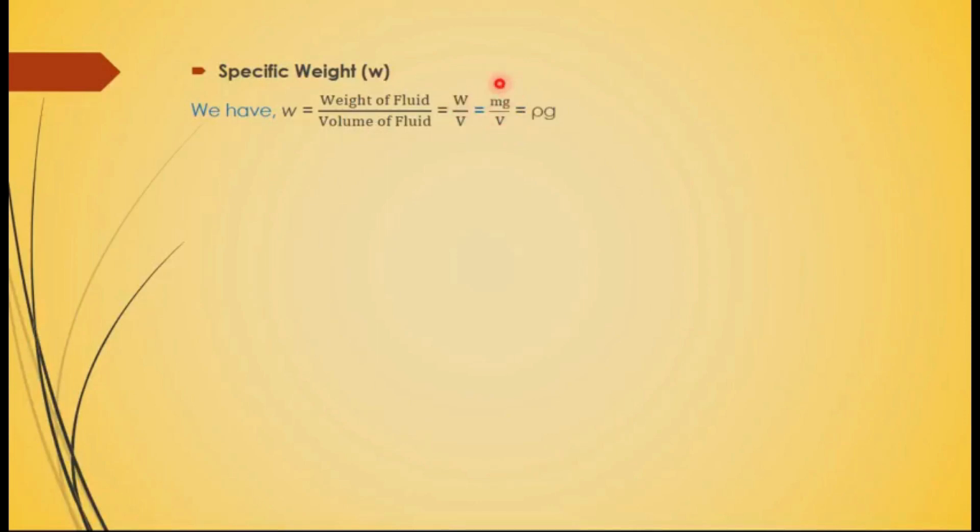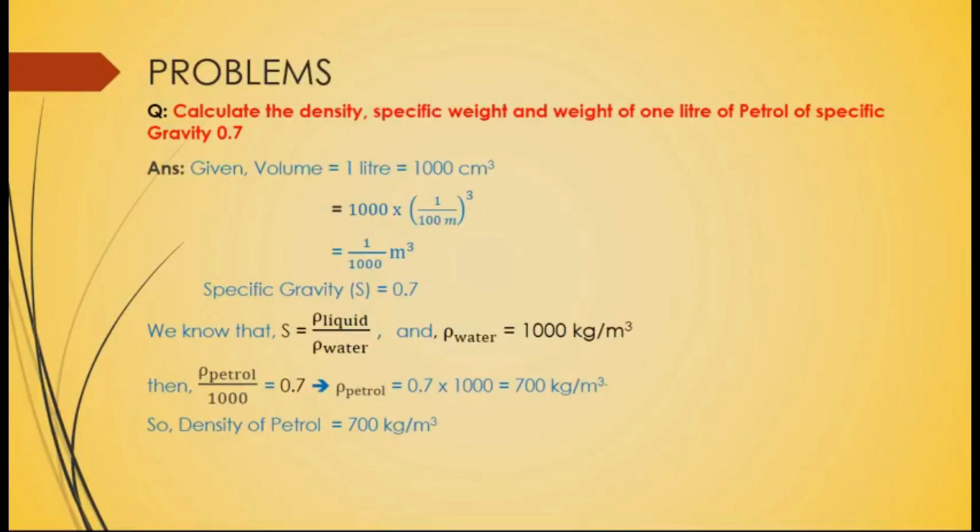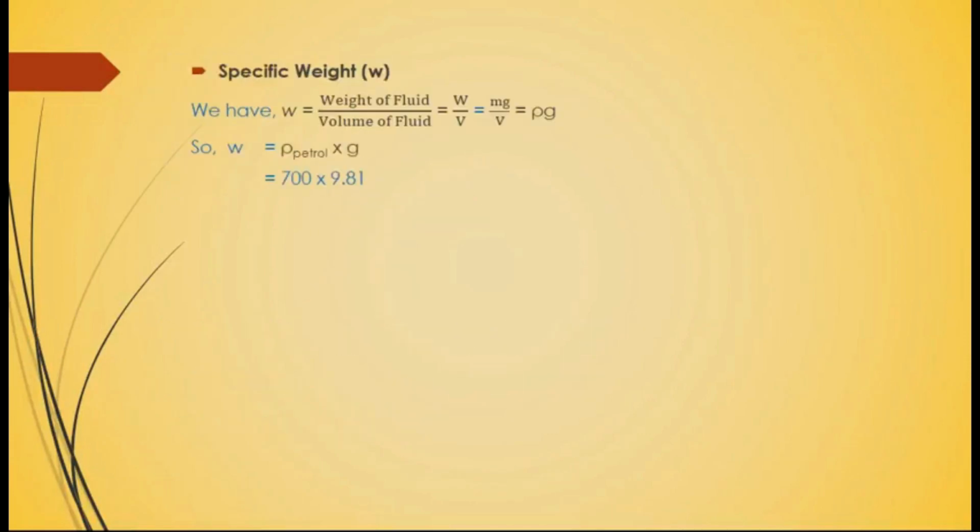See, the specific weight, small w, we need to find out. First write the formula: small w is weight by volume, but we don't have weight. So let us check. W is also known as mg, so m by v is rho g. Initially we found the density, 700 kg per meter cube. Let us substitute it here. So w is equal to rho petrol into g, 700 into 9.81, that is 6867 Newton per meter cube.